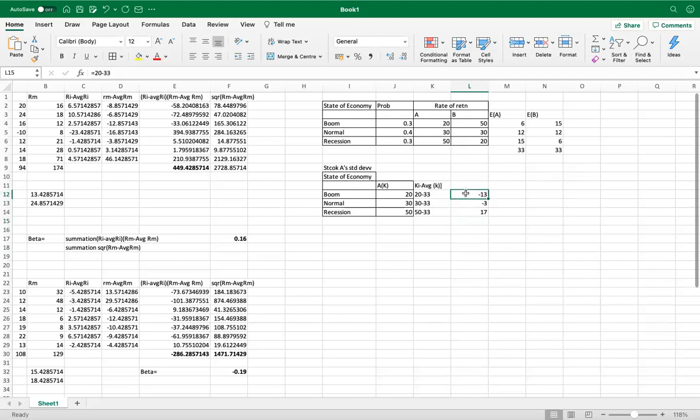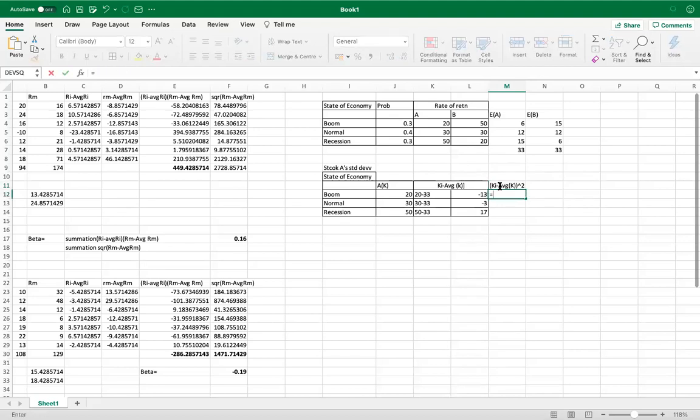So for the standard deviation part, I will square this. When I square this, Ki minus K bar, the whole square, I get 169, 9, 289.